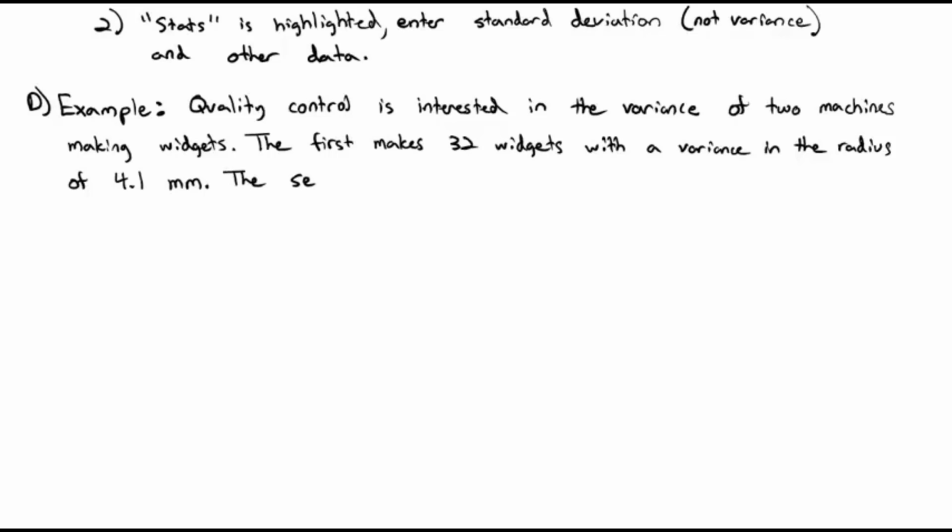The second makes 37 widgets with a variance in the radius of 3.7 millimeters.